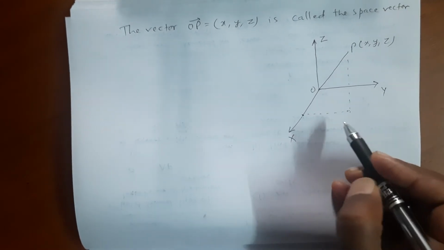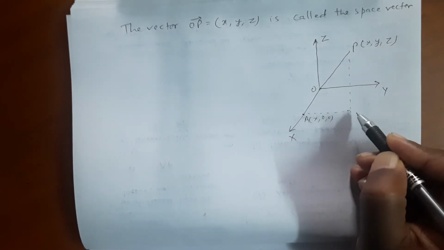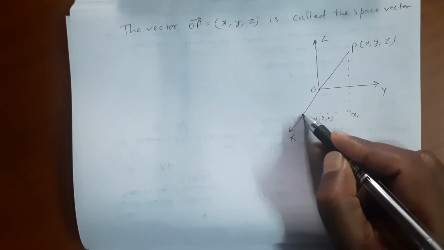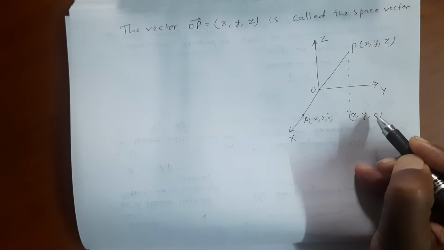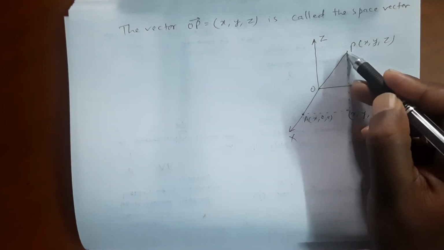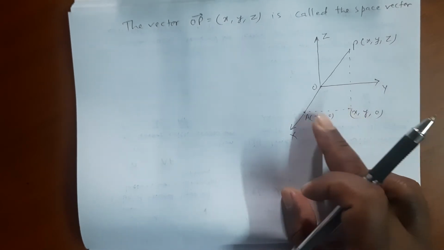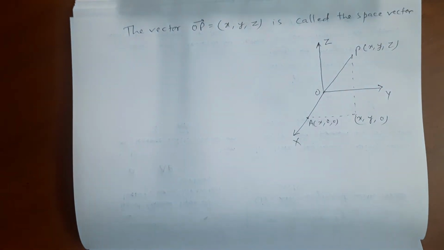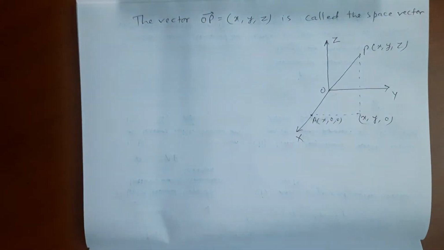Okay, and this point is x comma 0, 0; at this point x steps we have gone, y steps we have gone, so x and y, but the z coordinate is 0 in this plane. And at this point, x steps along the x-axis, y steps along the y-axis, and parallel to the axis, z steps up we have gone. Okay, so its coordinate is x, y, and z. It will be like that. So this is the space vector.